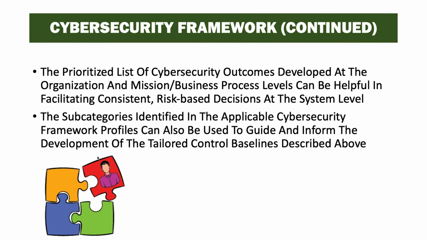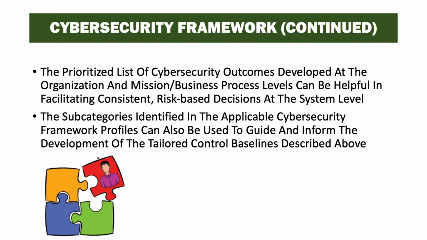The prioritized list of cybersecurity outcomes developed at the organization and mission business process levels can be helpful in facilitating consistent, risk-based decisions at the system level, and subcategories identified in the applicable cybersecurity framework profile can also be used to guide and inform the development of the tailored control baselines that we talked about earlier.